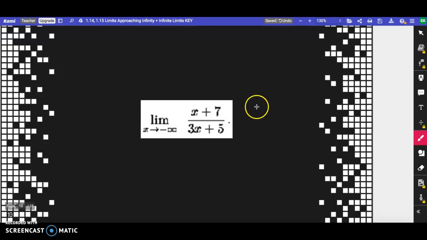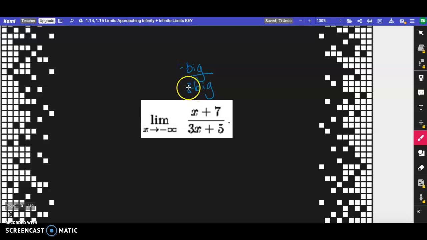All right, here we have an example where I noticed that my dominating piece, my x, a polynomial, is in both the numerator and denominator of my rational expression. And so really what would be happening is that you would have a big concept on top and then 3 times that same big concept in the bottom. And the 7 and the 5 become so minuscule compared to the rest of what's happening. Oh, and these are actually negatives, aren't they?